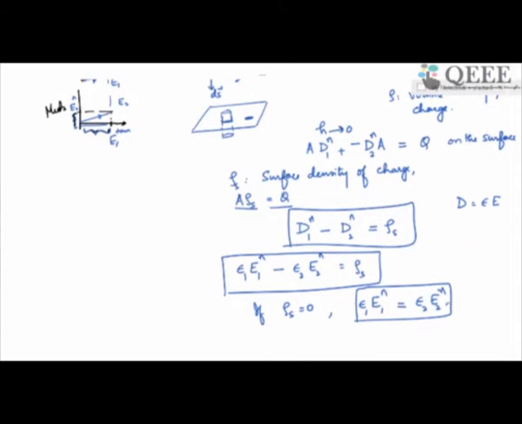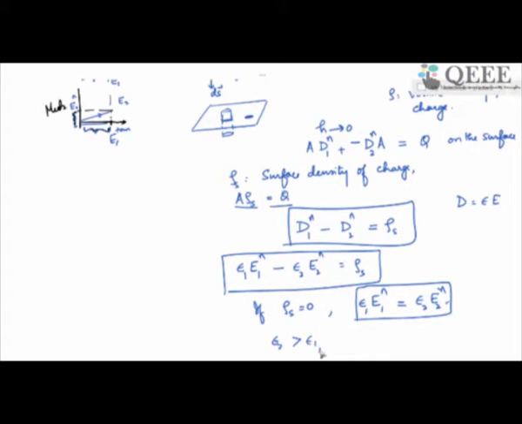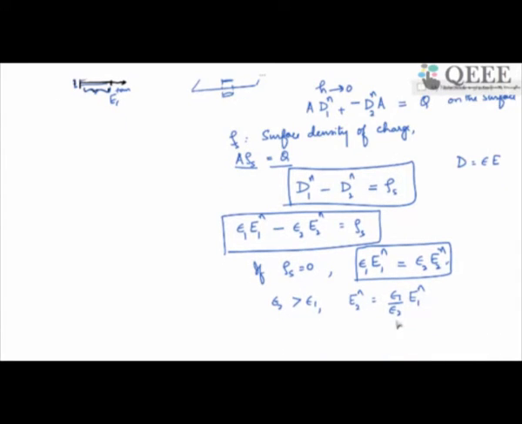So, if epsilon 2 is greater than epsilon 1, then E2 normal, which is equal to epsilon 1 by epsilon 2 times E1 normal, is actually smaller than E1 normal, which means that E2 normal has a smaller y component, which means its slope is actually increasing.